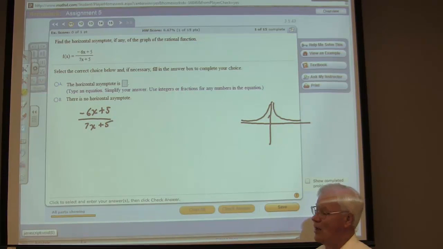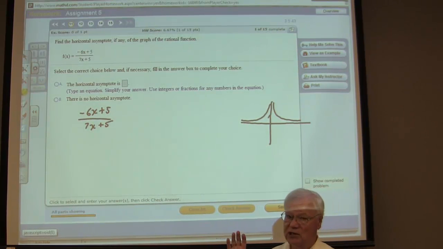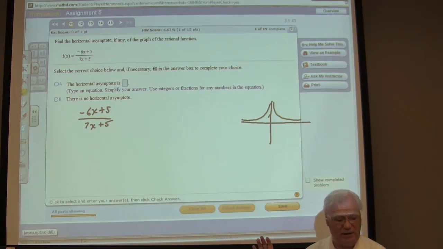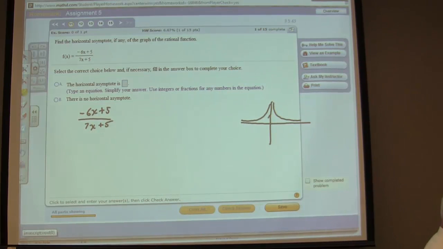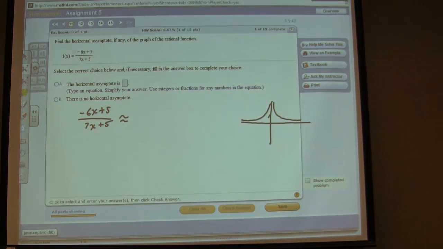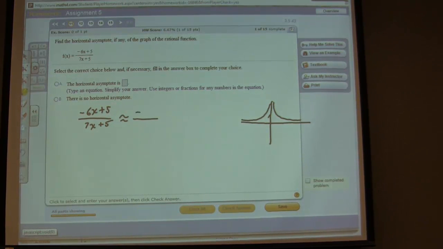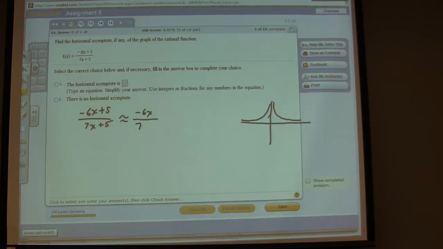I don't think those 5s are very meaningful when x gets very, very big. So we can drop them and say we're approximately the same as, we use this symbol for approximately. It's not exactly equal, but it's very much approximately equal to minus 6x over 7x. Only though when x is very, very big.